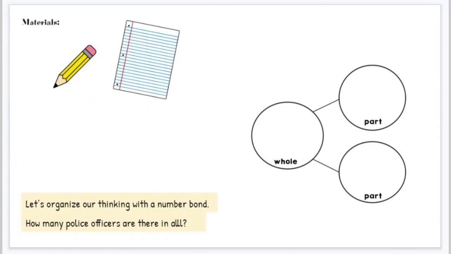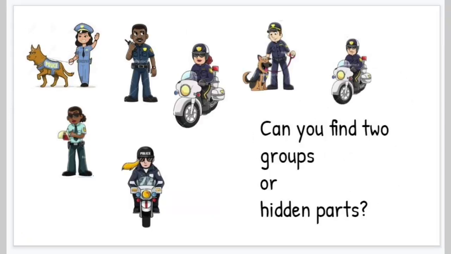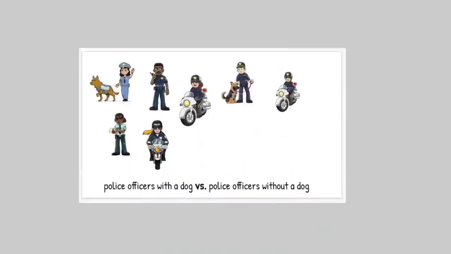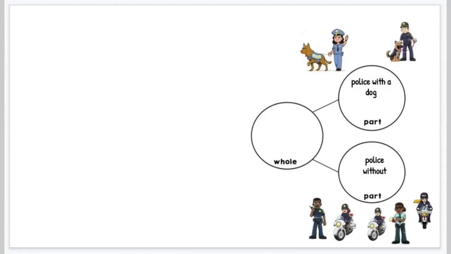Now that you have your number bond, let's organize our thinking using the number bond. Do you remember how many police officers are there in all? Let's go back to that first picture. There they are. And we talked about how there were 2 police officers with a dog, and then there were 5 more without.